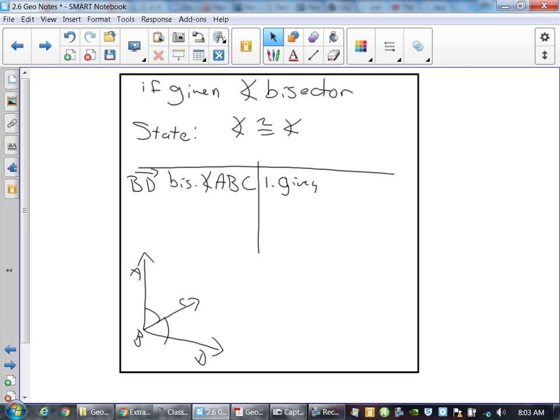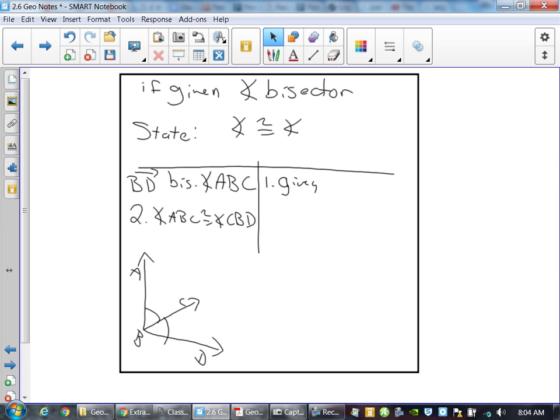Which means, what are the two angles that were created that are congruent to one another? Then you're given, and you can say angle ABD is congruent to angle DBC. And what do you think the reason is?